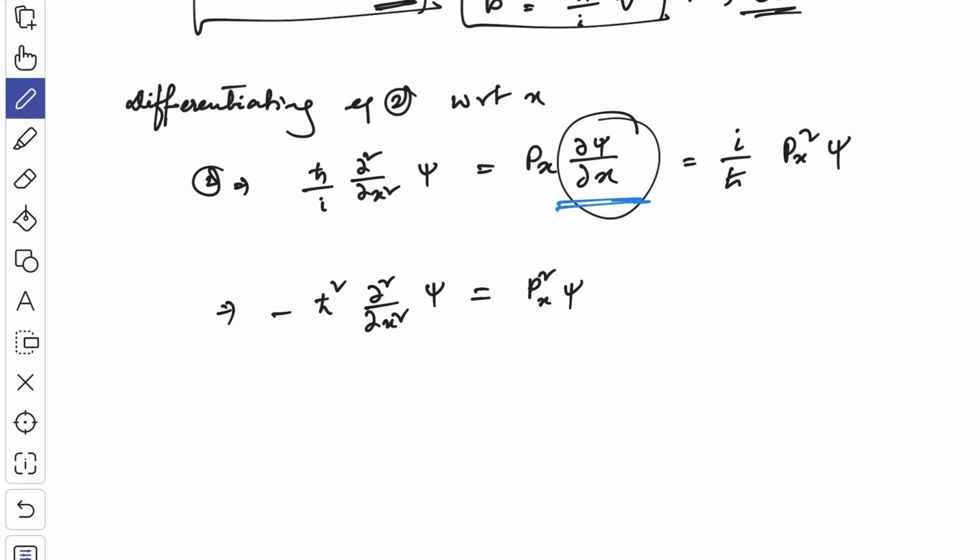That's what you will get. Suppose, let us consider this is equation number 3. Okay, so that's what we have got. Now, dividing equation number 3 by twice m.